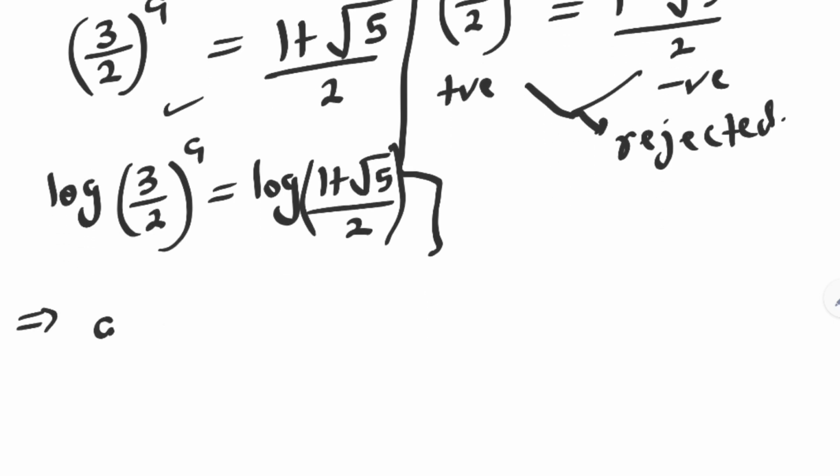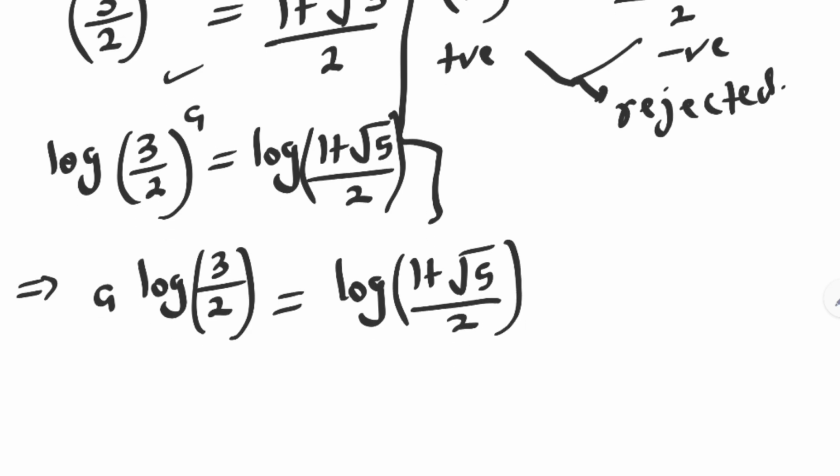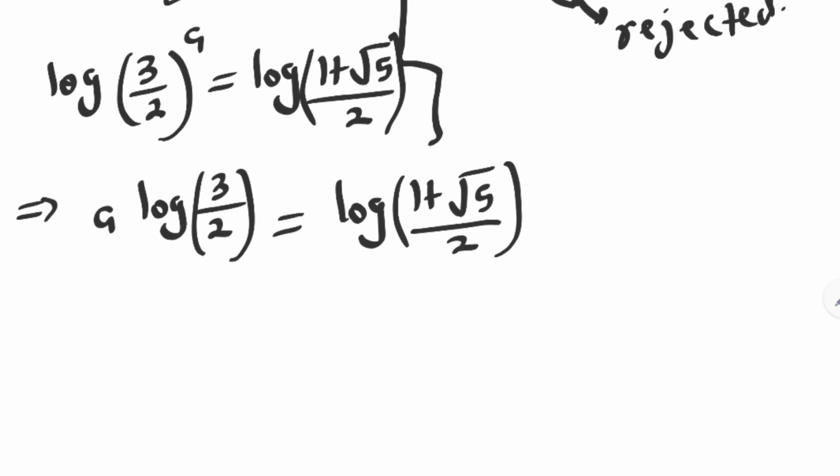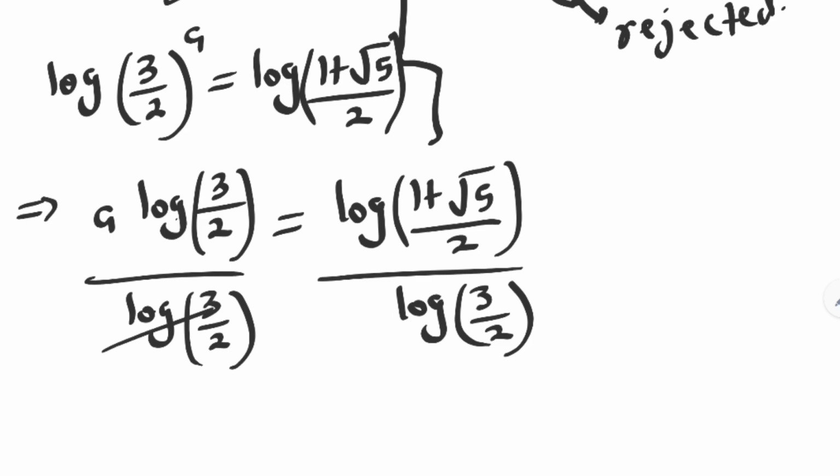Here we have a log 3 divided by 2 is equal to log 1 plus root 5 divided by 2. Now let's divide both sides by log 3 divided by 2. This is divided by log 3 divided by 2, and this divided by log 3 divided by 2. This cancels this.